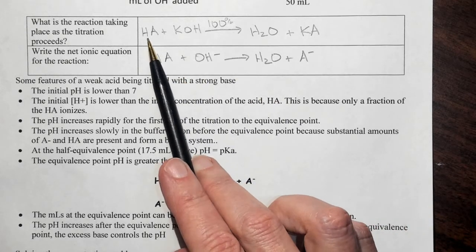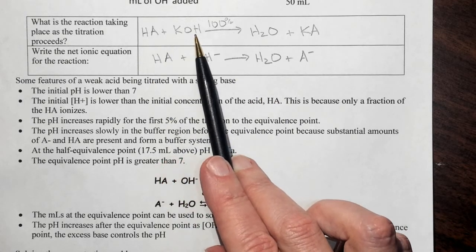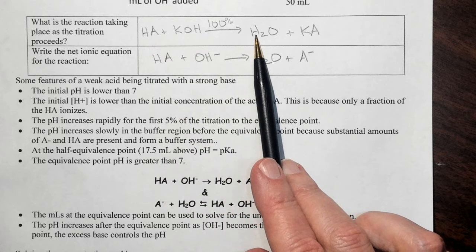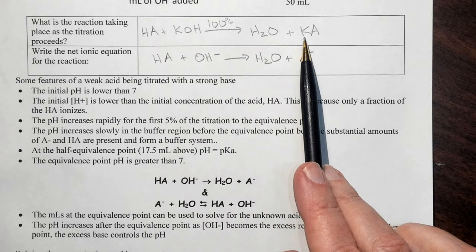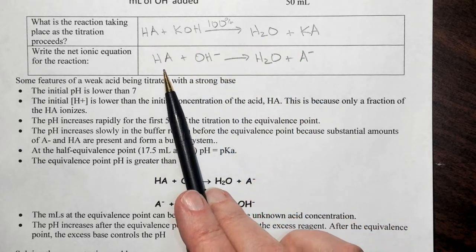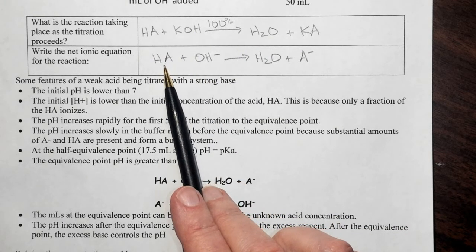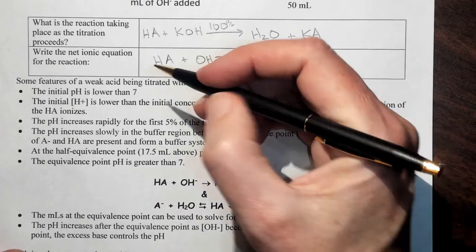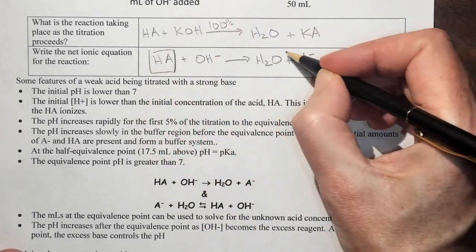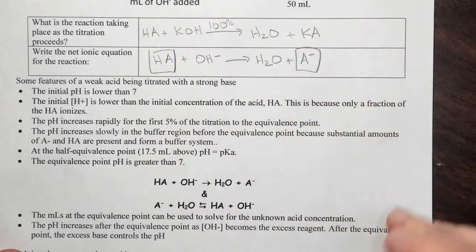As the titration proceeds, we have the weak acid reacting with KOH, and this reaction goes forward 100%. The net ionic equation is HA plus OH minus. We have to keep this as HA because it is a weak acid, and we can see that we are making a conjugate acid-base pair.